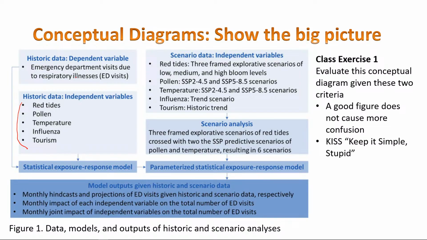This is called the dependent variable, and these are called independent variables. This variable depends on these, but these do not depend on anything, they are just independent, like tourism, for example, or temperature. But if temperature increases or decreases, that could increase or decrease the number of ED visits.